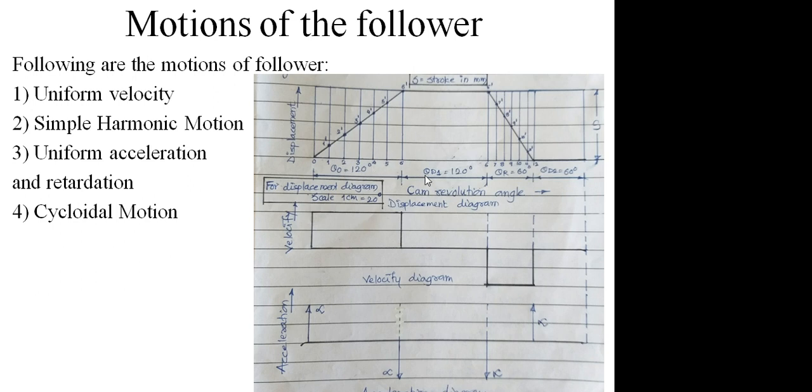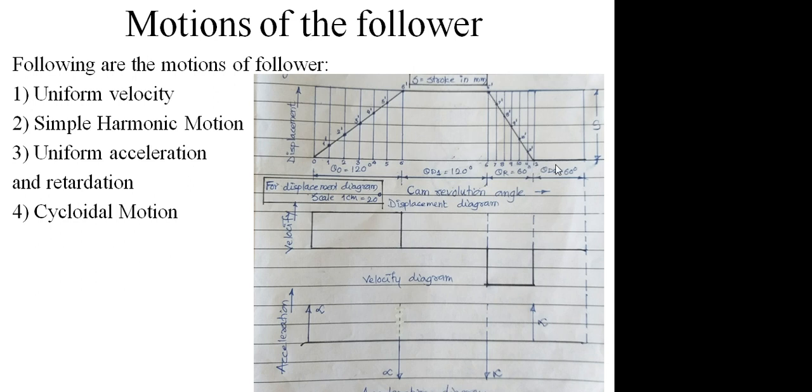After that, theta D1 is the first dwell of 120 degrees. During this 120-degree revolution of the cam, the follower will be in rest position. In the next 60 degrees of revolution of cam, the follower will move from its topmost position to bottommost position.